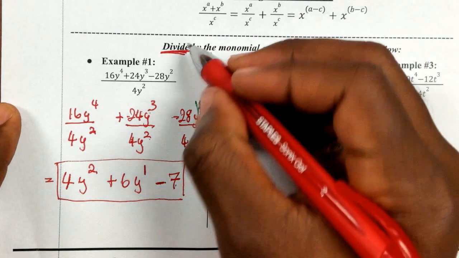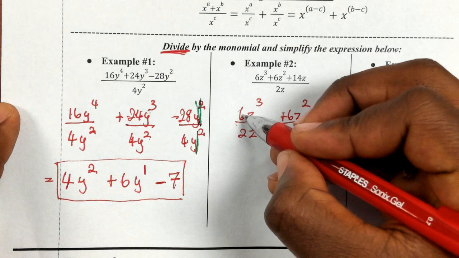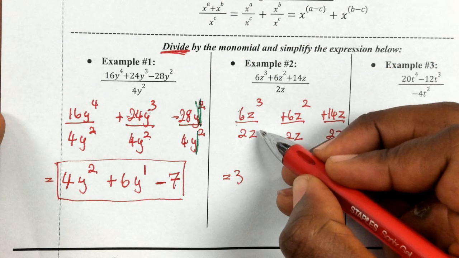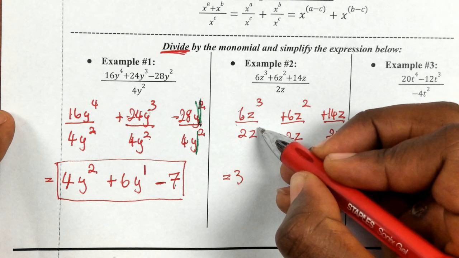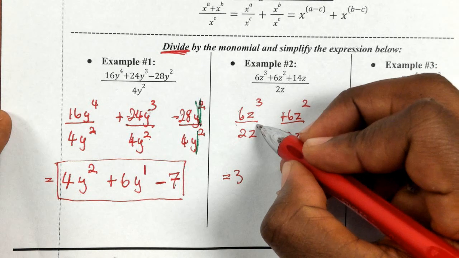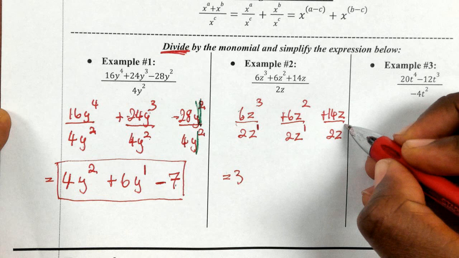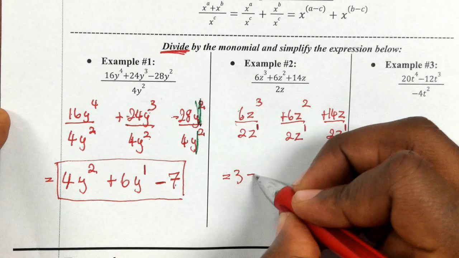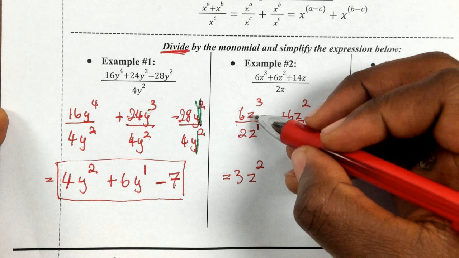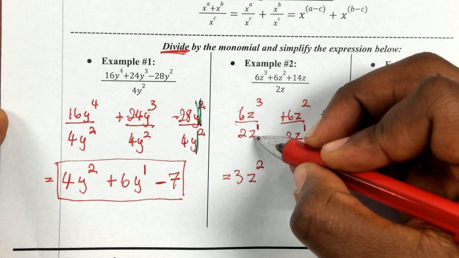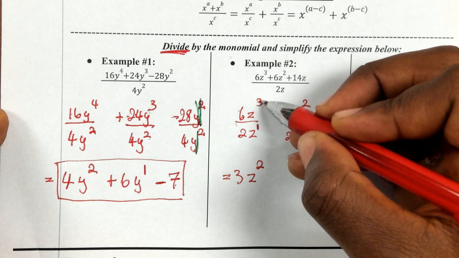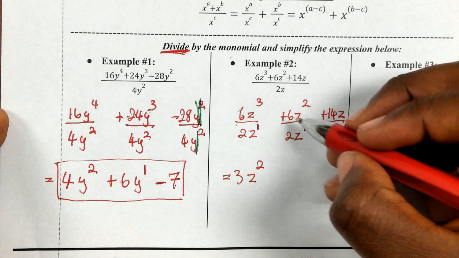And now let's divide. 6 divided by 2 is 3. Whenever we don't see an exponent, you always assume that exponent is a 1. So 3 minus 1 is 2. Because again, when you divide things that have the same base, the same z, we subtract the exponents.